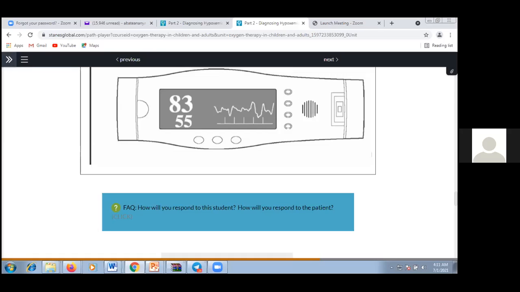There has to be a good perfusion of the periphery and a good arterial pulsation. So anything which might compromise this, like decreased cardiac output, patients who are in shock, who are vasoconstricted, or who are hypothermic. All these things we have to consider, and we have to use our pulse oximetry correctly, and make sure that we have a good pulse signal.